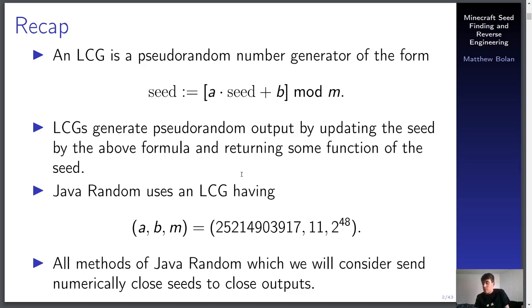And the important fact about Java random that we need to use is that if you have two seeds that are close as seeds, so just as their raw seed value, they're sort of close-ish in values, when you call one of these methods, which turns that seed into the type of number you actually want, if the two original seeds were close together, the two results will be close together.